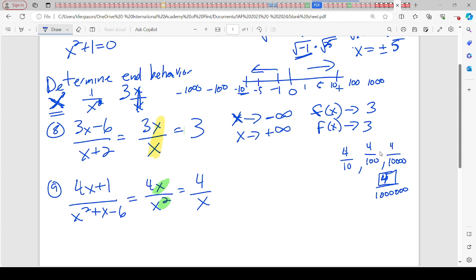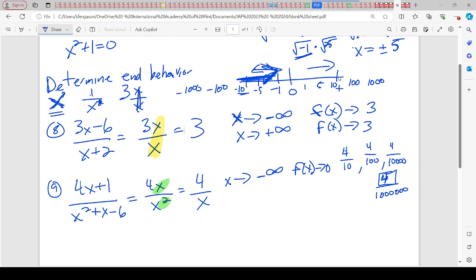but I'm going to get really, really close. So when I have a constant on top and a variable on bottom, as my x approaches negative infinity, my f of x approaches 0. Even though the number is going to be negative, it's going to approach 0 from the negative side.